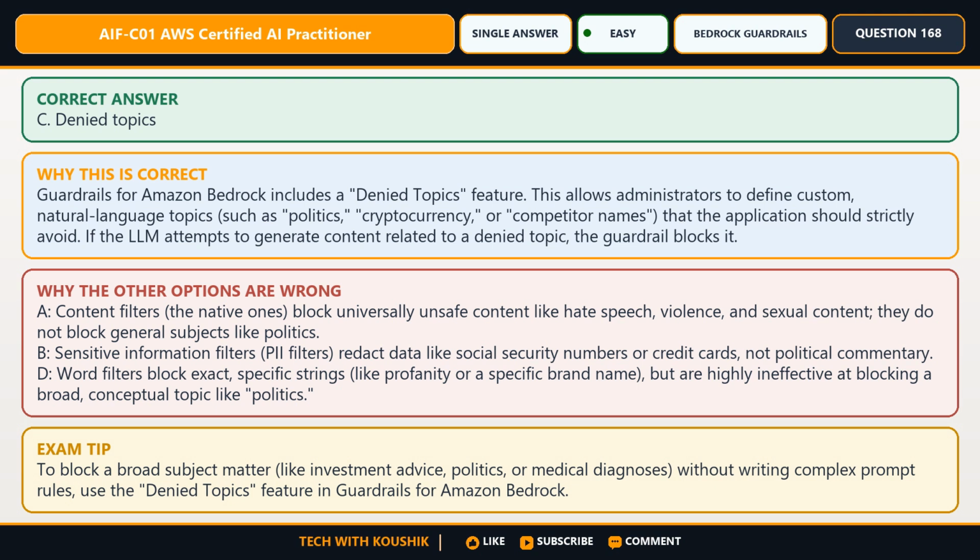D. Word filters block exact, specific strings, like profanity or a specific brand name, but are highly ineffective at blocking a broad, conceptual topic like politics. Exam strategy. To block a broad subject matter, like investment advice, politics, or medical diagnoses, without writing complex prompt rules, use the Denied Topics feature in guardrails for Amazon Bedrock.